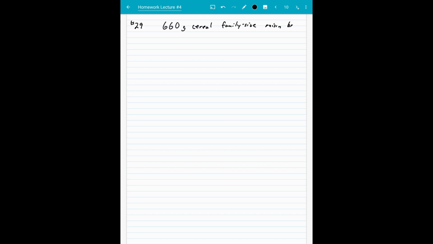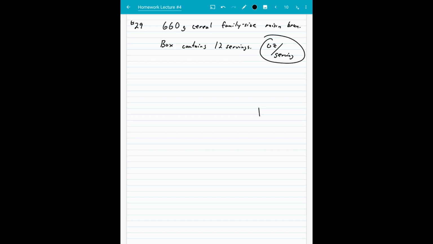That'll start the morning pretty good. The box contains 12 servings. It wants us to find out how many ounces is one serving. So it wants ounces per serving as our question.